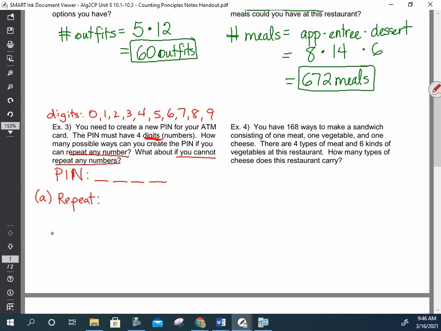So for that first number, I have 10 different options to choose from. So that's 10 choices. If I can repeat it, does that mean I can use the same number? Yes. So that means I still have 10 options.